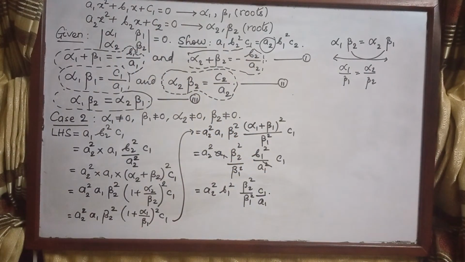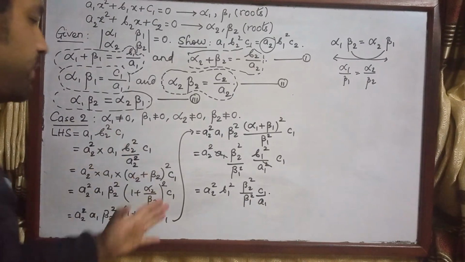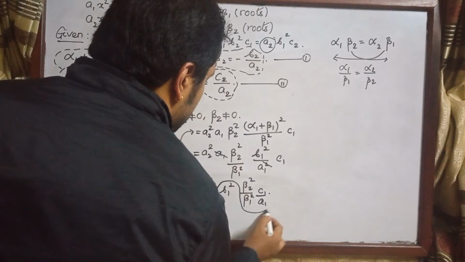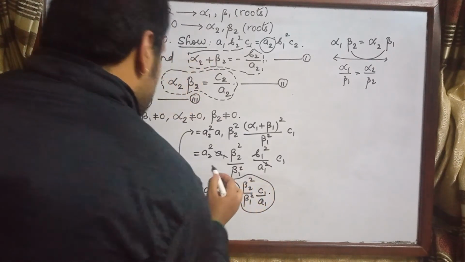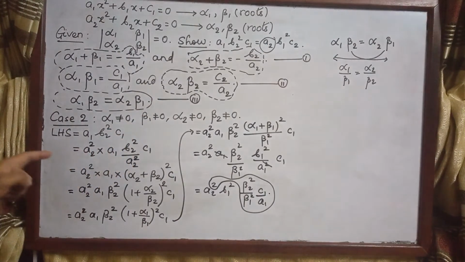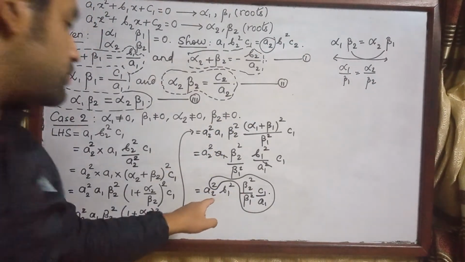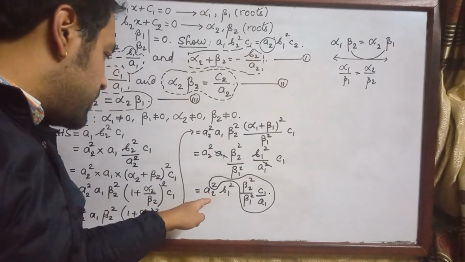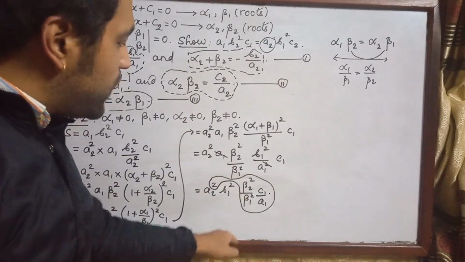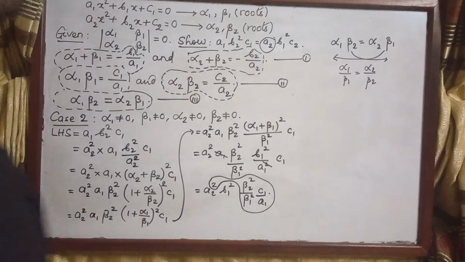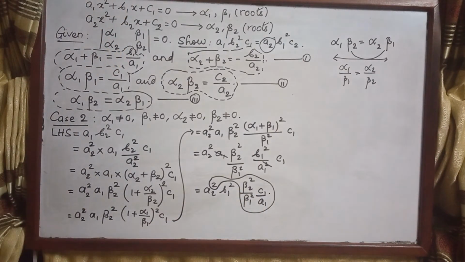Now our work will be complete if we can show that this part over here is equal to c2, which is, by which I mean a2 times b2 squared over b1 squared times c1 over a1 is equal to c2. If you can show that, then it will complete our proof.